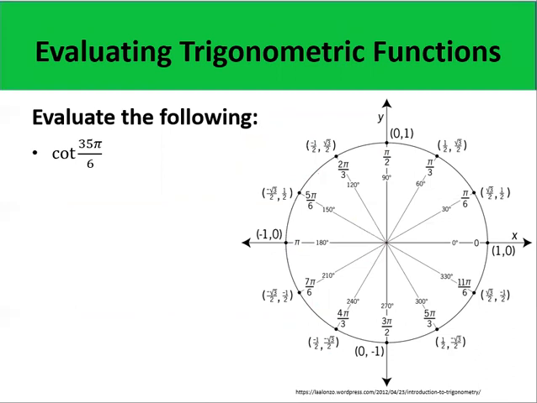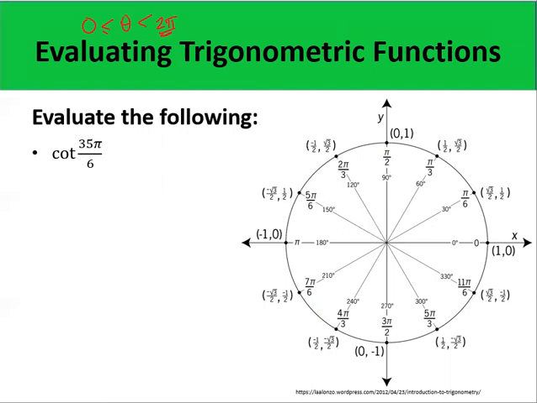Okay, now let's look into some angles that are not inside the interval from 0 to 2 pi. So if you take a look at the angle 35 pi over 6, 35 over 6 is 5 point something. So this is 5 point something pi. That is actually outside of this interval. So that means we need to get an angle that is coterminal with 35 pi over 6, and that will be inside the interval from 0 to 2 pi.